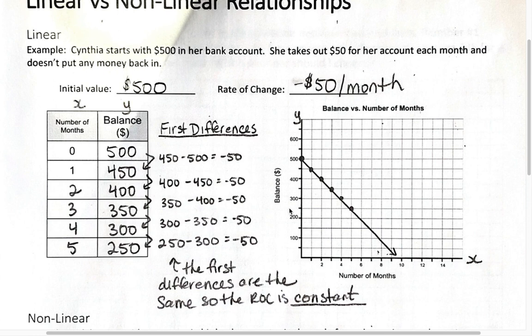That's your x-axis. The balance, my dependent variable, what was my Y in my table of values, is always my y-axis on the graph. So I put the balance on there. You'll notice too that I went up by a constant amount when I was coming up with my scale.